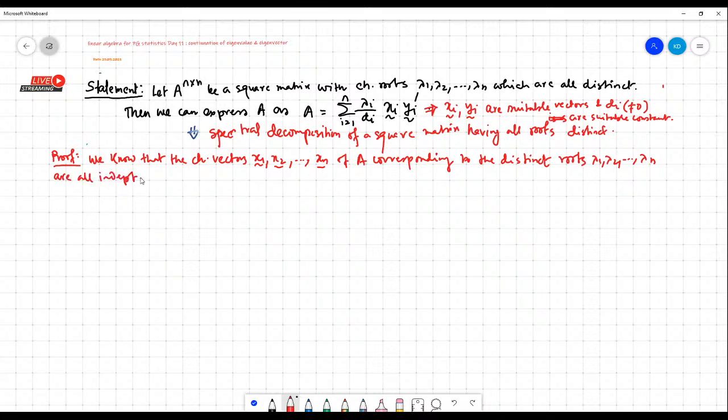That is, these characteristic vectors x1, x2, xn are all independent. So I construct this matrix P whose columns are x1, x2, xn. Of course the order of P is n cross n. Since the xi's are independent vectors, P is a non-singular matrix.